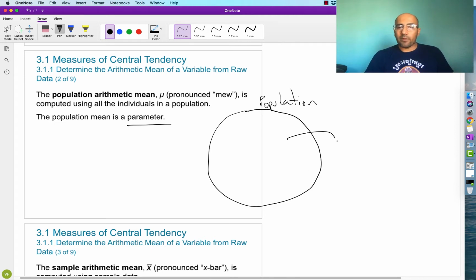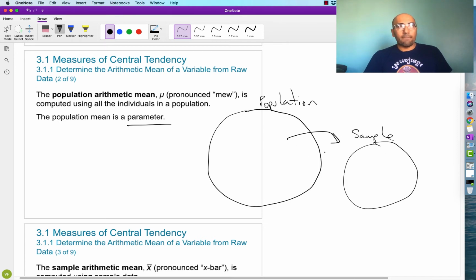Now, from that population, we will take a sample, hopefully a random sample, so that this sample is a good representation of that population. That's our hope.